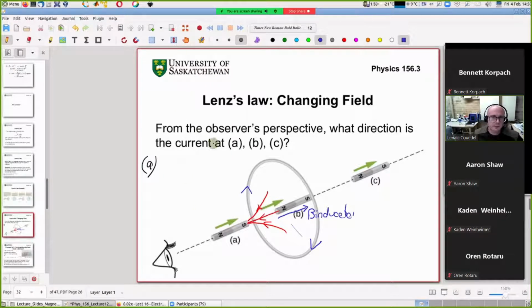All right, case B. Case B, what is the induced current? So case B, magnet in the middle of the loop.